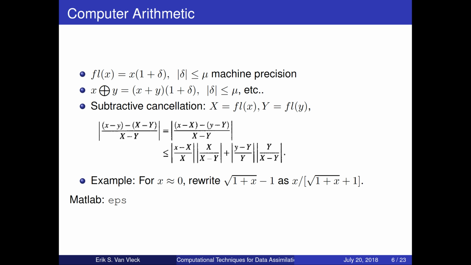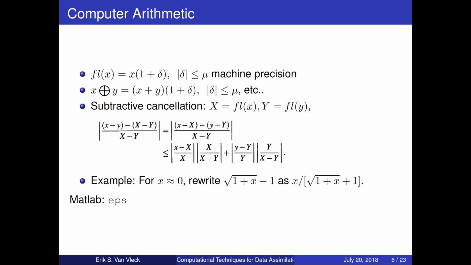For example, the floating point representation of a real number x has the property that the floating point representation is x times the quantity 1 plus delta, where in absolute value delta is less than or equal to mu, the machine precision. So the machine precision that we typically work with these days is double precision, which is about 10 to the minus 16. All the arithmetic operations like addition, subtraction, multiplication, and division, when we perform those operations, we have similar error properties.